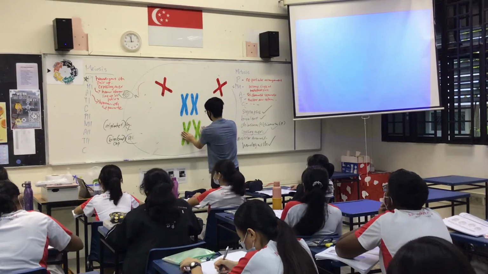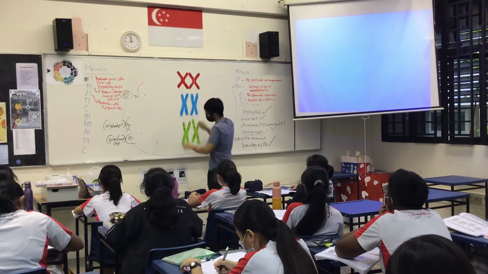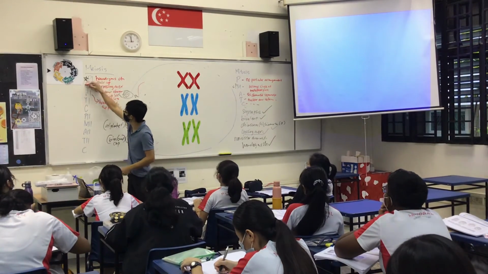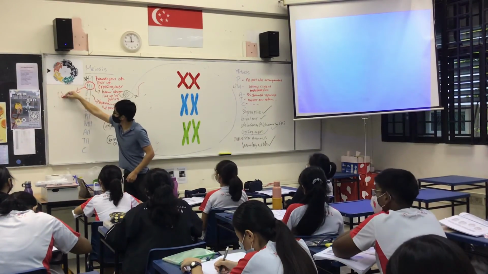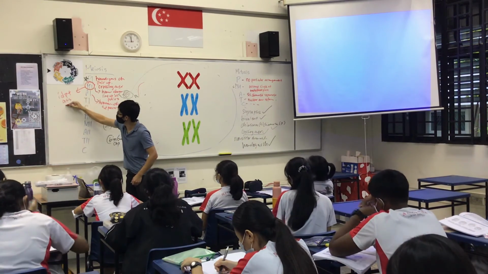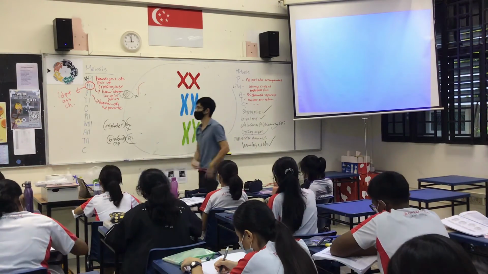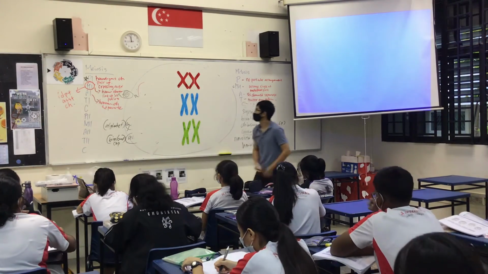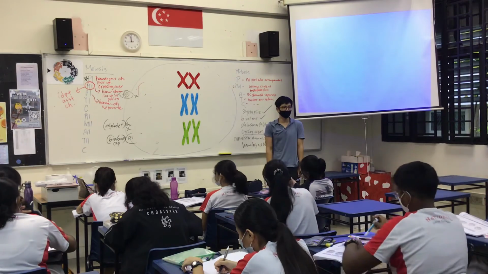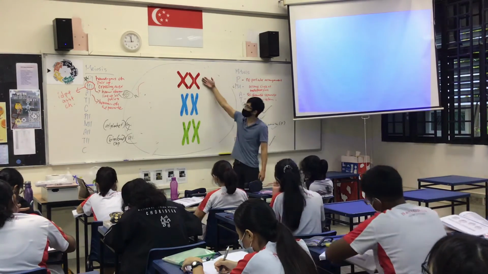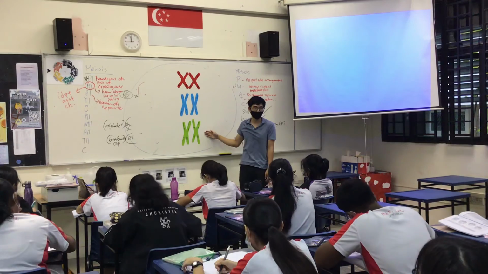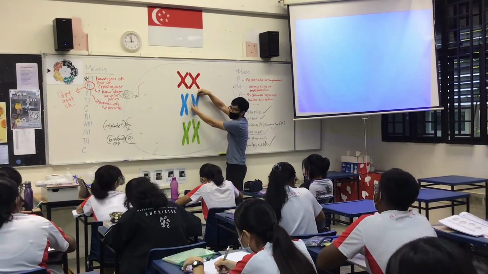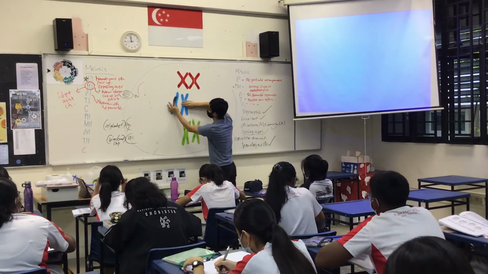Earlier on in the MCQ, there was a statement called independent assortment of chromosomes, and it says that it takes place in metaphase 1. What does independent assortment of chromosomes mean? It means this. Notice that the homologous chromosomes are not exactly the same. So who's to say that this chromosome over here cannot be on the left-hand side instead?